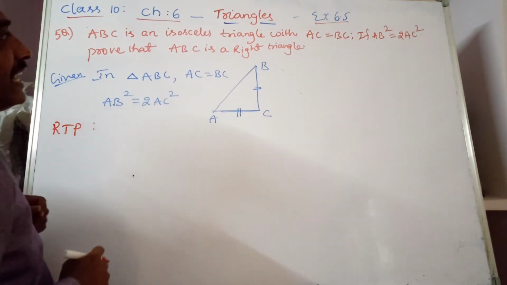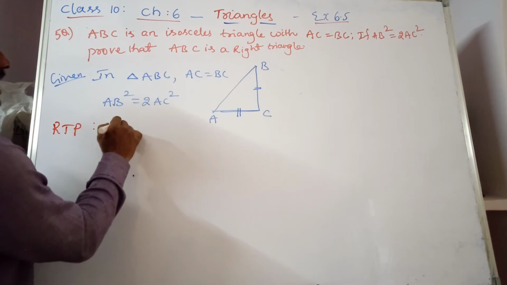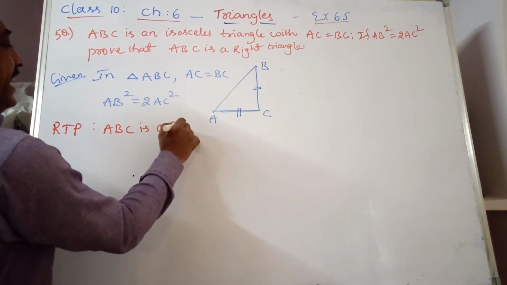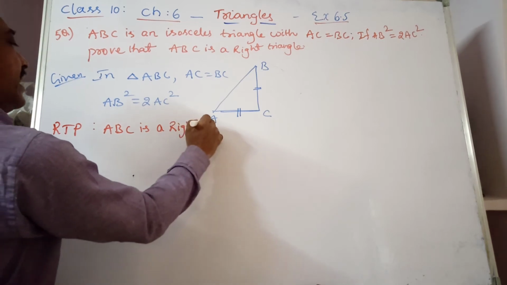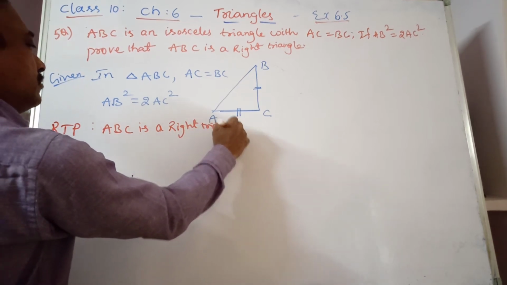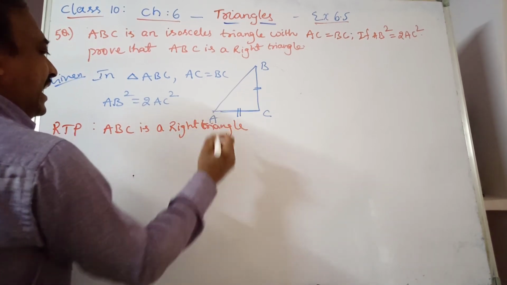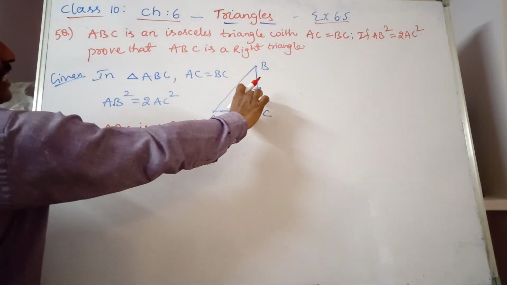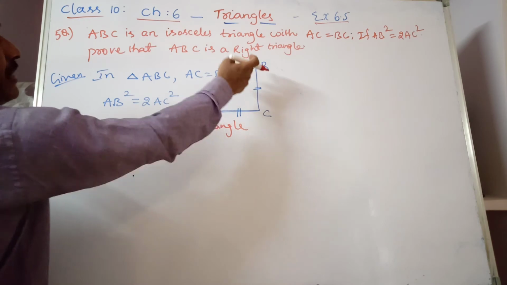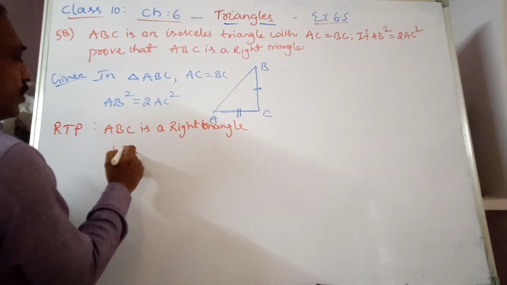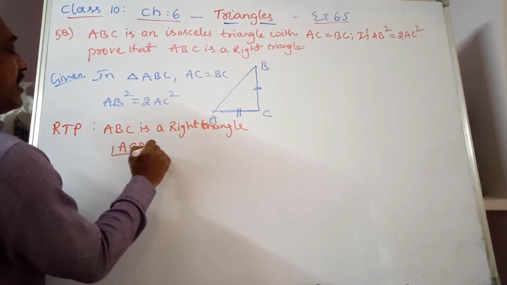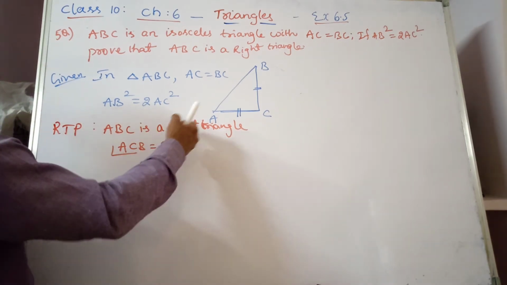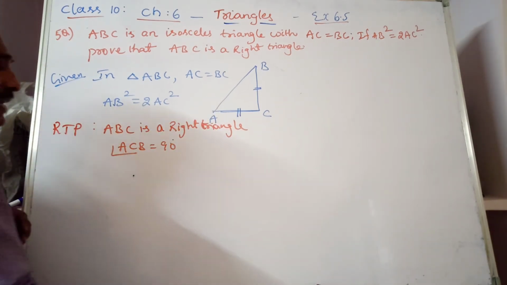That ABC is a right triangle. Actually, if two sides are equal, definitely these two angles won't be equal to 90 degrees. So one more is angle ACB is equal to 90 degrees. That you have to prove. One of the angles must be 90 degrees.